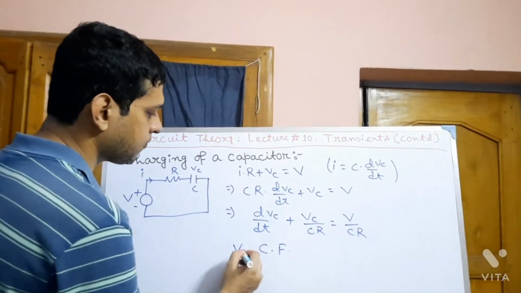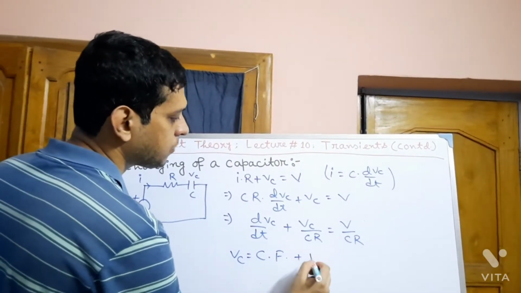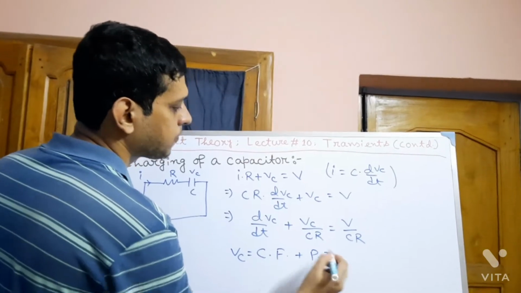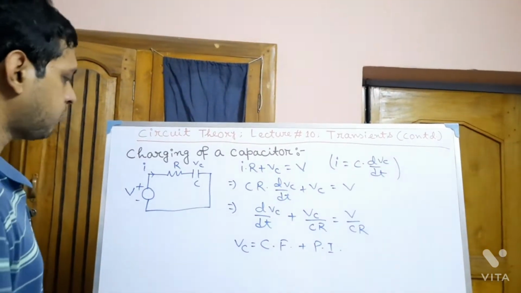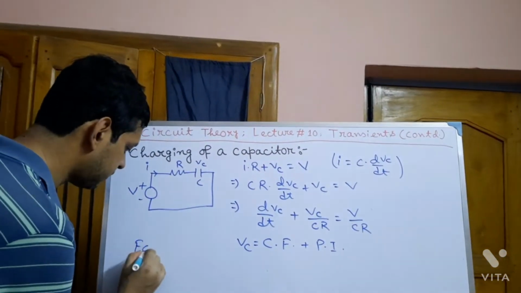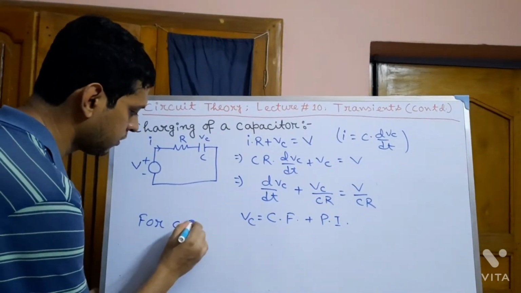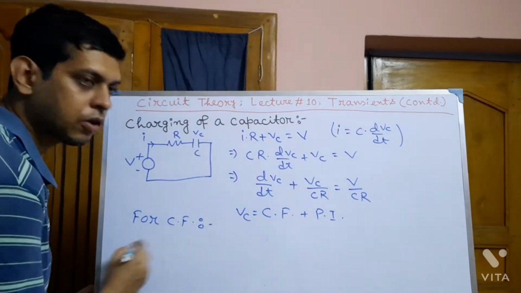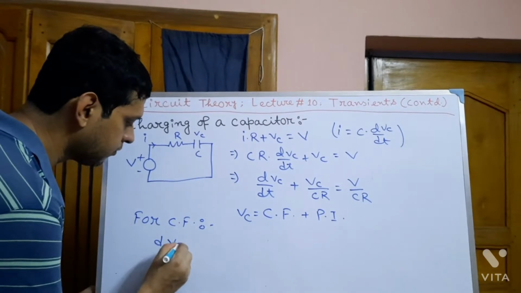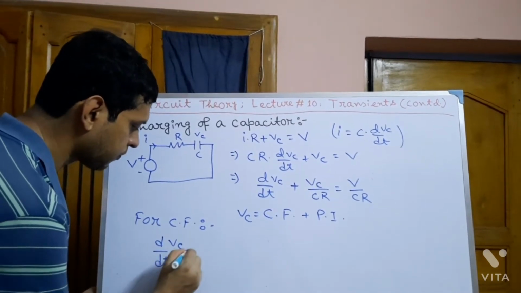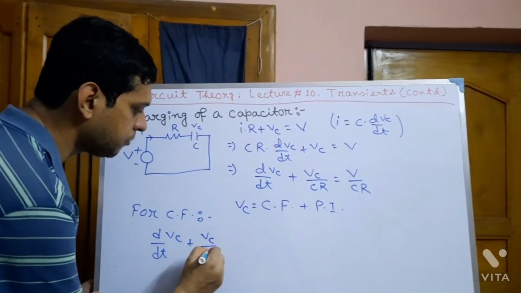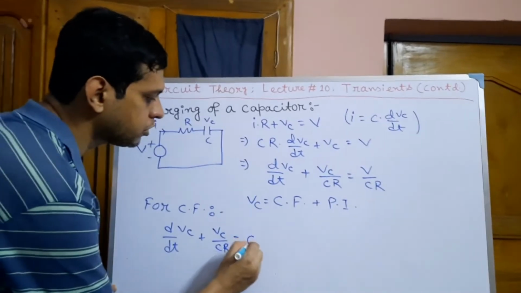One is the complementary function, CF, and another is the particular integral, or PI. Now for CF, we will solve the equation dVc/dt plus Vc by CR equal to 0.